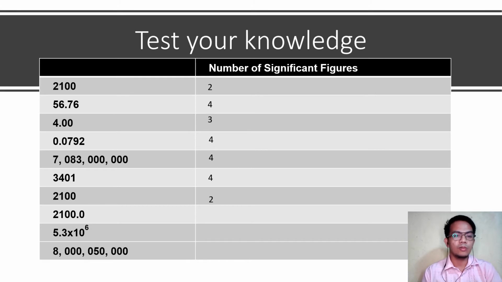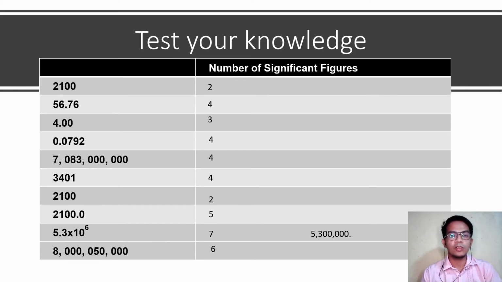Number 7, 2. Number 8, 5. Number 9, 7, because this is only scientific notation of 5,300,000. And then for the 10th example, there are 6 significant figures. So I hope you all got perfect scores.